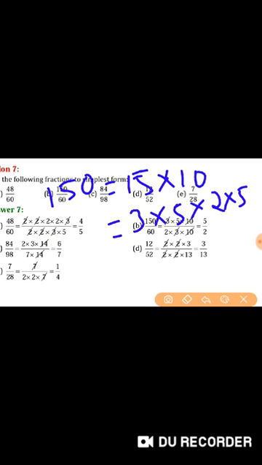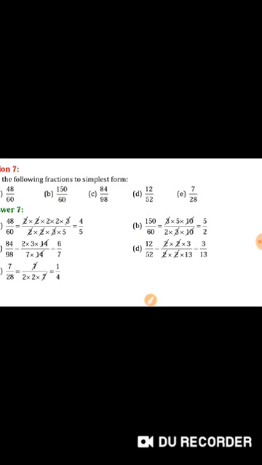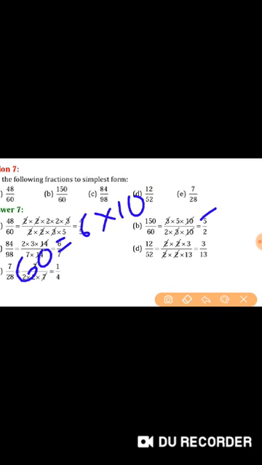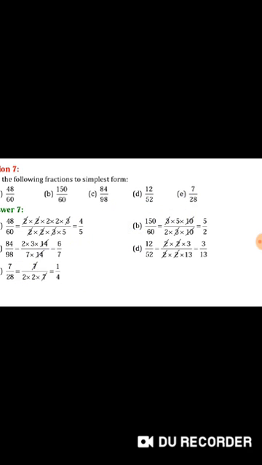Like this also you can do. So these are the 3 5 2 5. So here directly 10 is written. 60 also you can write as 6 into 10. 6 tens are 60. 6 also we can write as 2 into 3. 10 we can write as 2 into 5. This is how you can write the factors.